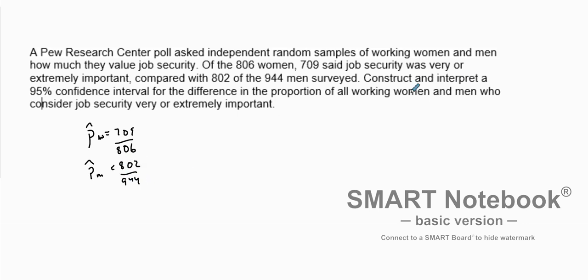Construct and interpret a 95 percent confidence interval for the difference in proportions of all working men and women who consider job security very or extremely important.